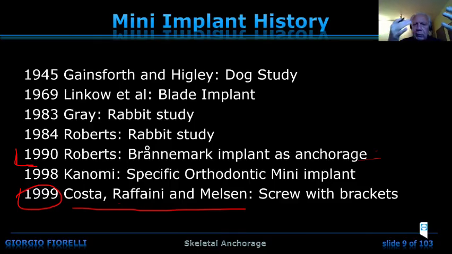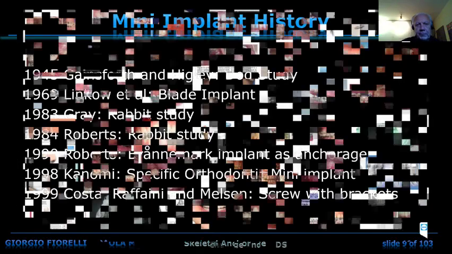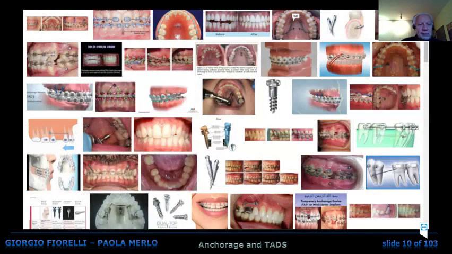Later on, I introduced Antonio to Professor Melsen. This was happening maybe in 97 or 98, and in 99 they published the first paper about TADs. From then on, we had tons of papers, tons of publications, courses, and everything.